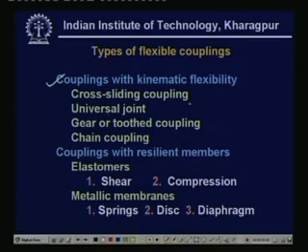So, depending upon the kinematic pairs, the couplings may have different kinds of flexibility. One type is cross sliding coupling. Here we use two prismatic pairs. Universal joint, which uses spherical or special mechanism. Gear or tooth coupling, this is again a higher pair mechanism, and chain coupling, which consists of a large number of revolute pairs. So, it leads to a large flexibility of the coupling.